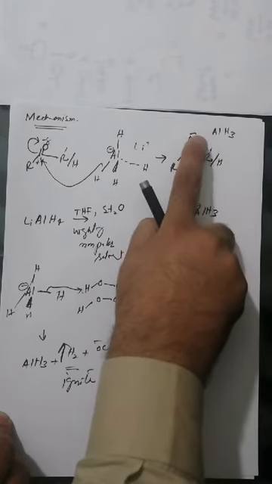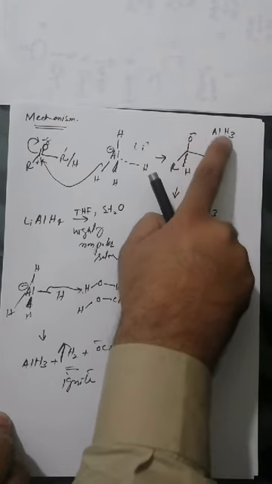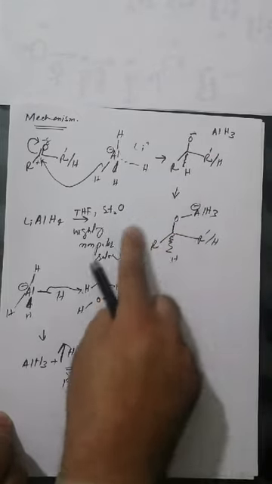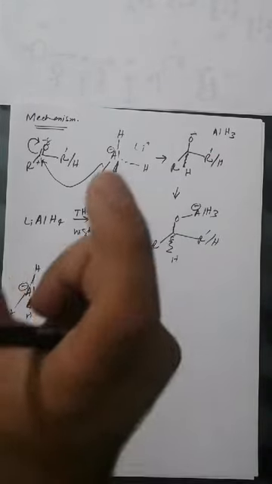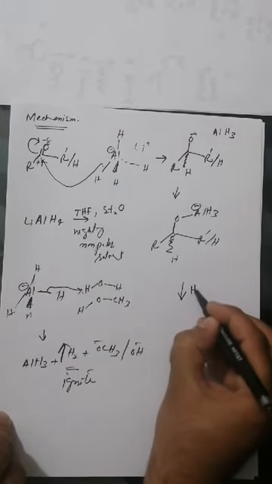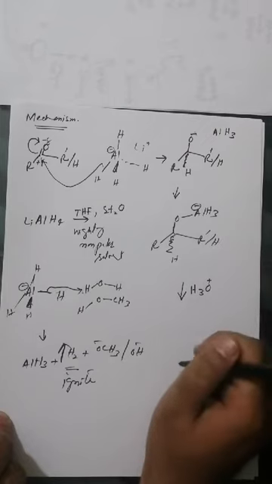Now the oxide ion donates this pair of electrons to the empty pocket of the aluminium. So this is the intermediate that you get in the first step. In the next step, you perform the hydrolysis.